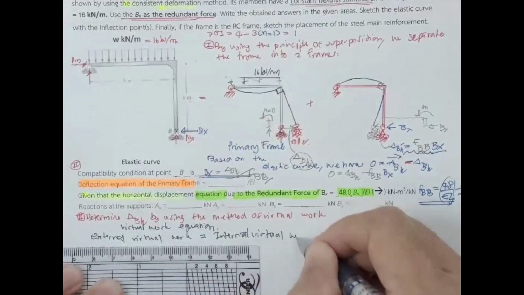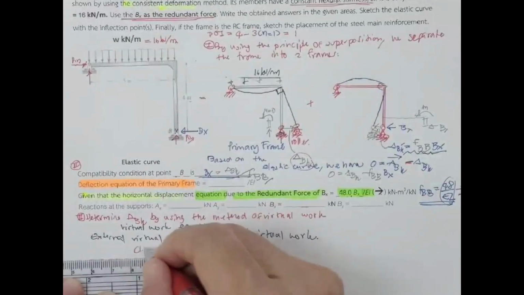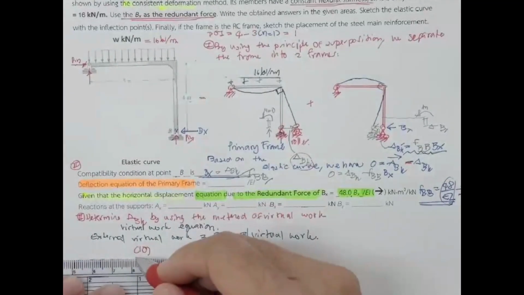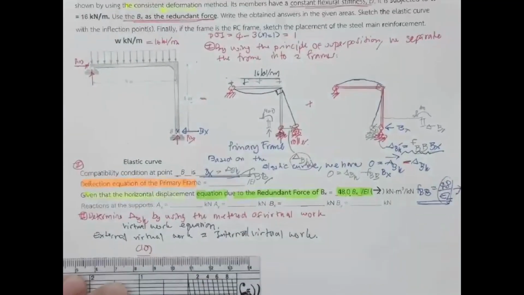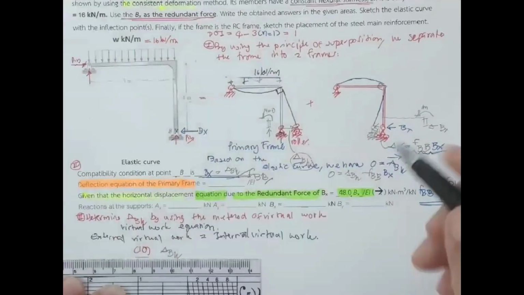So based upon this one again, the 1.0 unit load, the virtual force, is going to be multiplied by the real displacement delta sub BH.